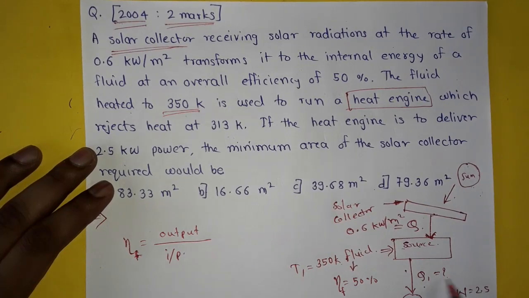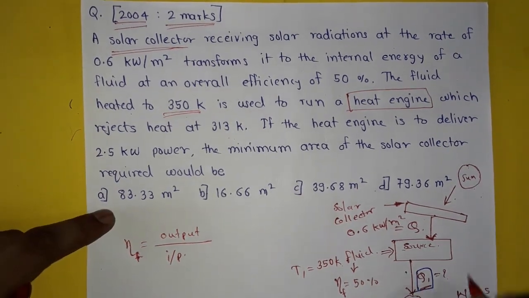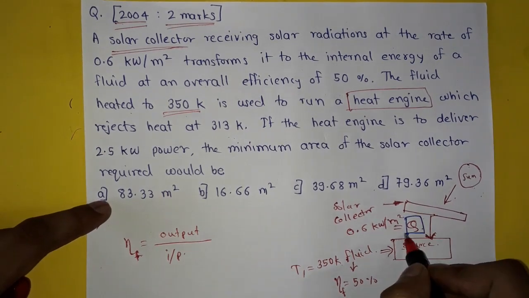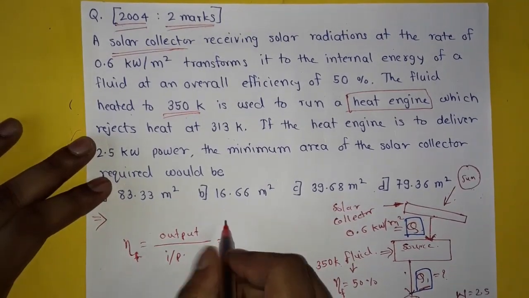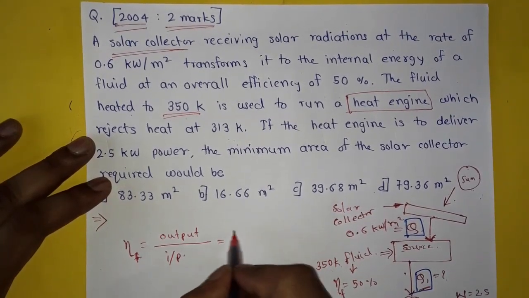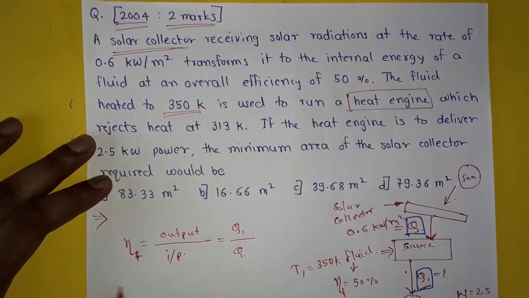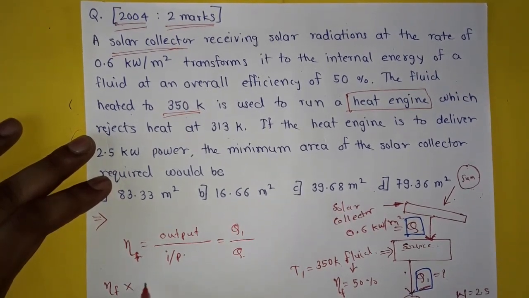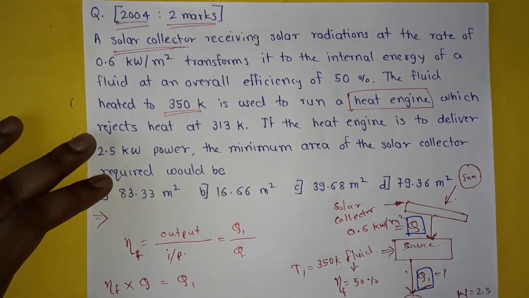In this case output is Q1 and input is Q. So efficiency of fluid is equal to Q1 upon Q. So efficiency of fluid into Q is equal to Q1.